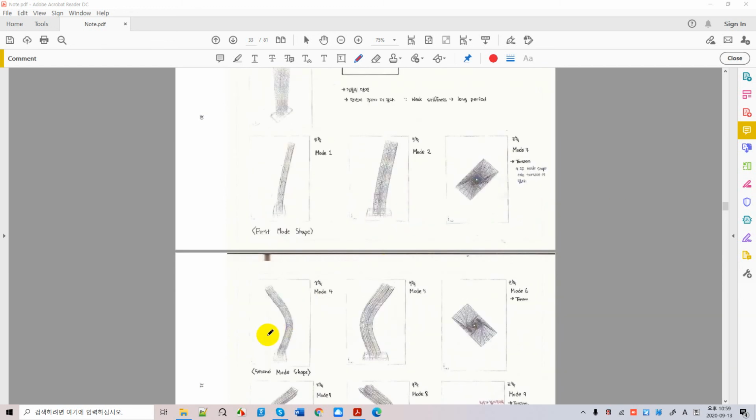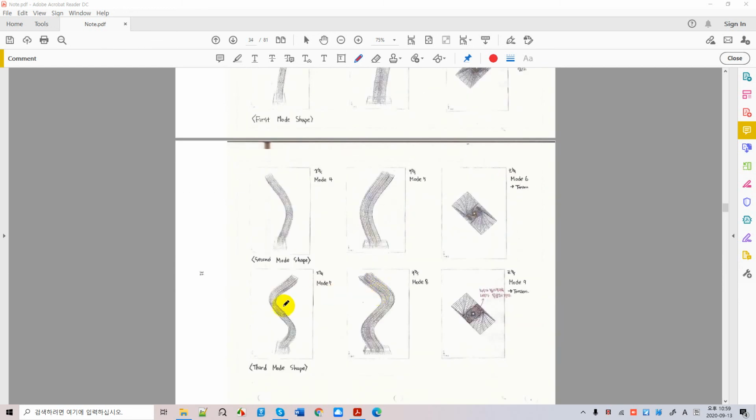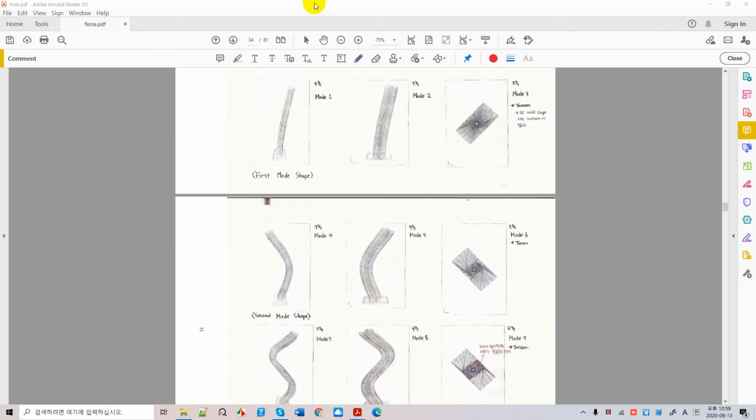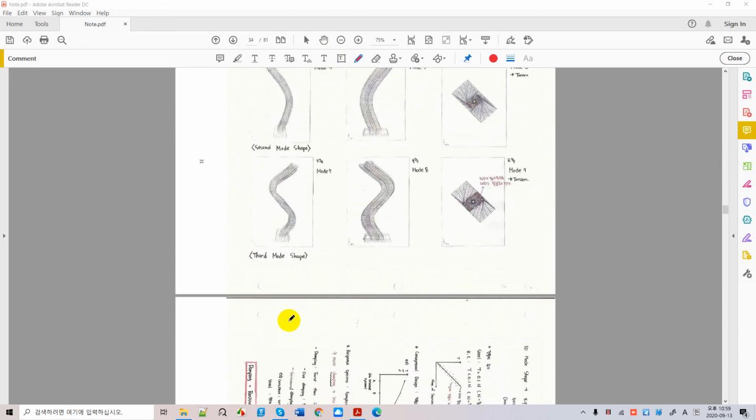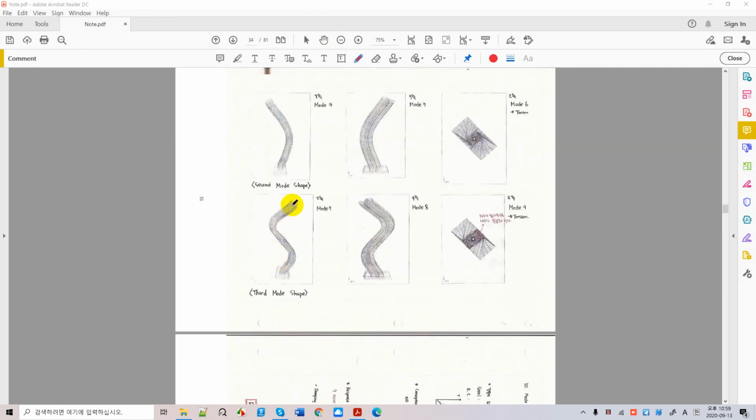So every mode needs energy, and it needs to dissipate energy as it goes from the first mode to the last mode. All right. So we're going to ask the computer to stop calculating mode shapes when 95% of the energy has been dissipated, has been used up.